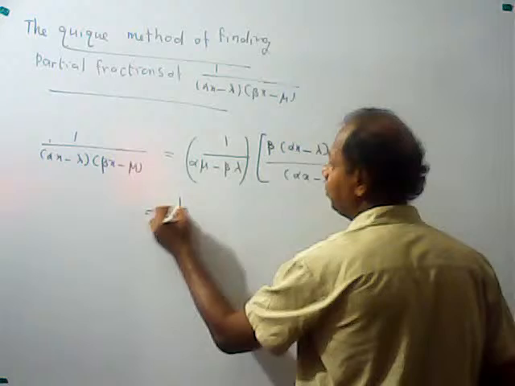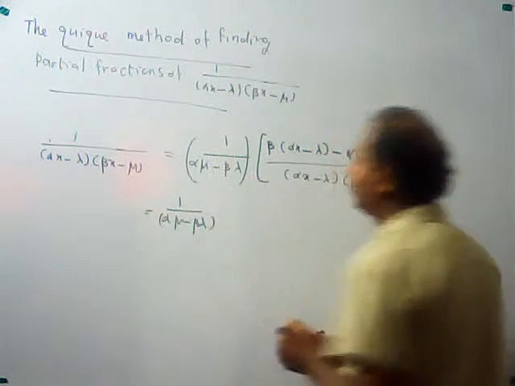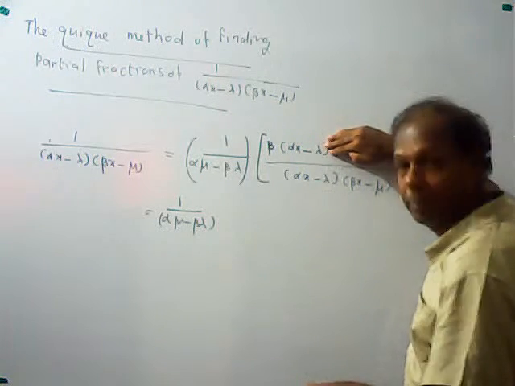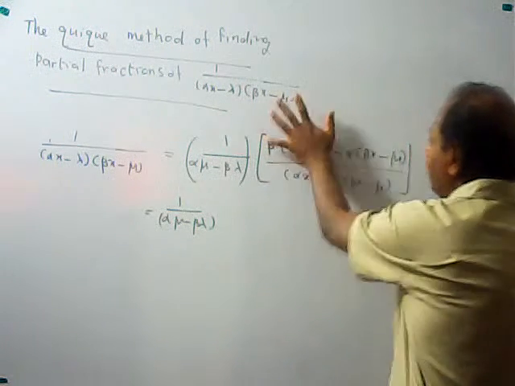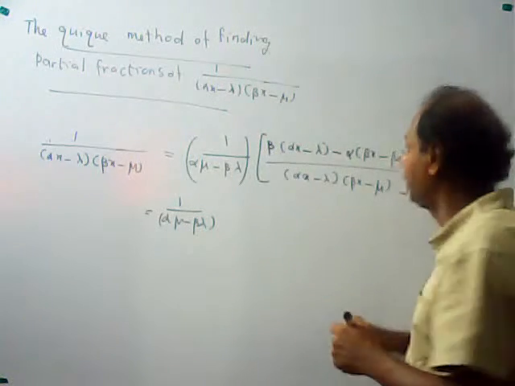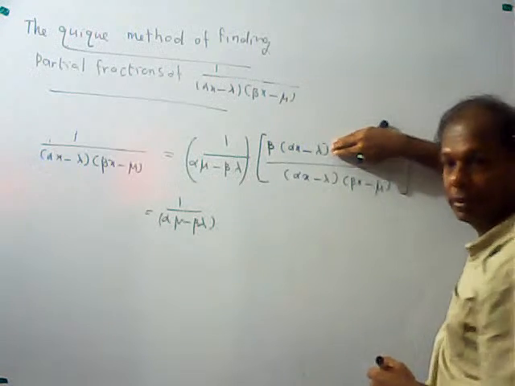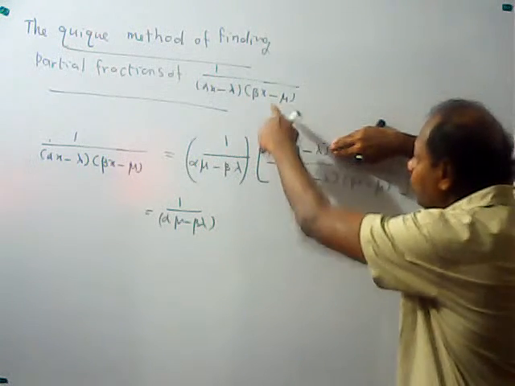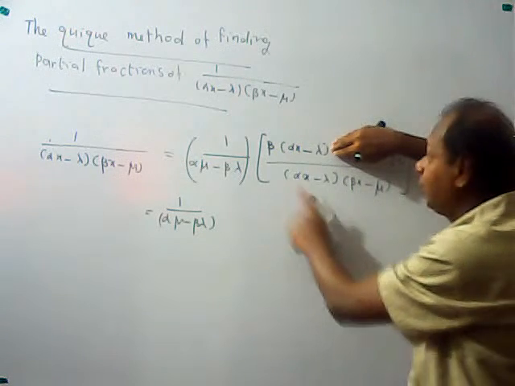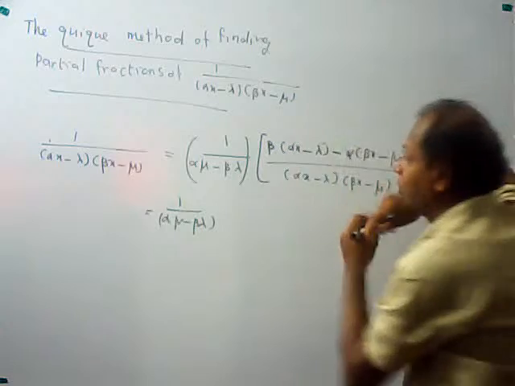Next, to get partial fractions, we divide them separately. We take this part separately and close this. Take this part separately. So we separate them. When you take this part alone, alpha x minus lambda will get cancelled. You get beta over beta x minus mu.